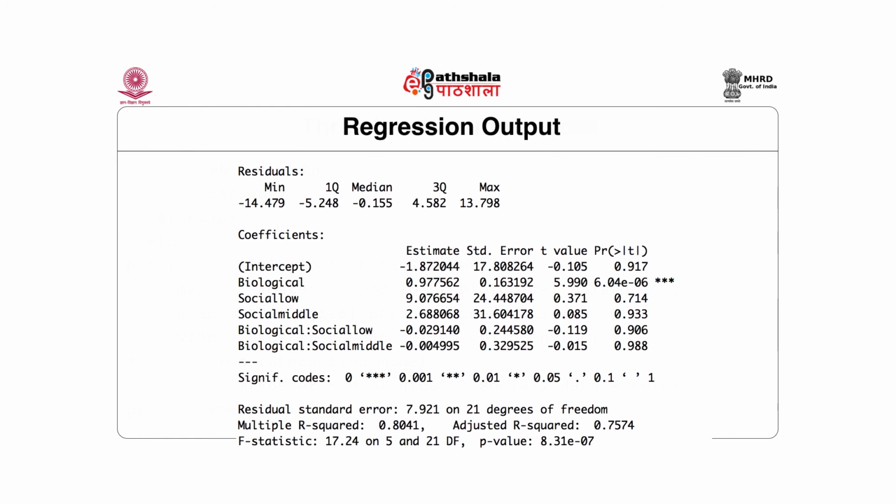Here is a regression output. In the regression output, you can see that we have put an intercept term, which is not at all significant, so we can probably take it out. Biological IQ is a very strong predictor of the IQ of children raised by foster parents, which means that the IQ of the children raised by their biological parents very closely corresponds to the IQ of the children raised by their foster parents.